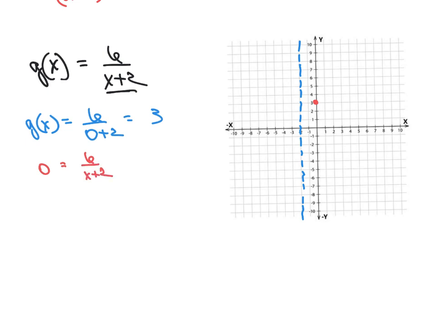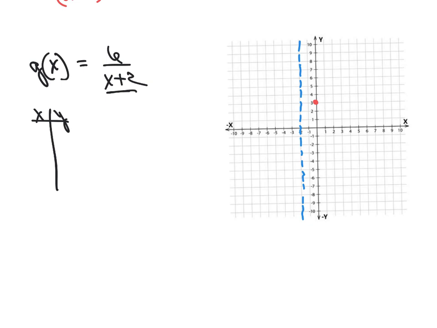Is there any number I can add to 2 so that I take 6 divided by that and get 0? No, there's not. So I know then that my graph does not cross the x-axis, which it usually won't. And then I'm going to make my table. Don't really have much information yet.